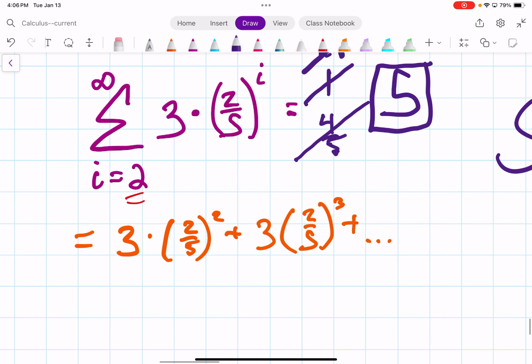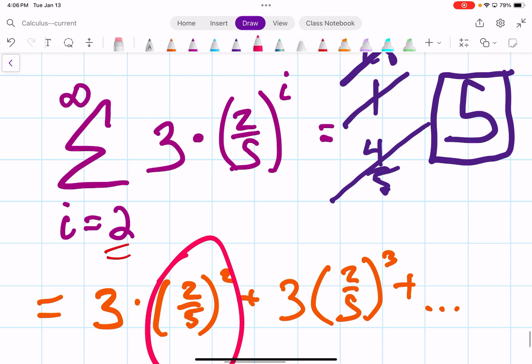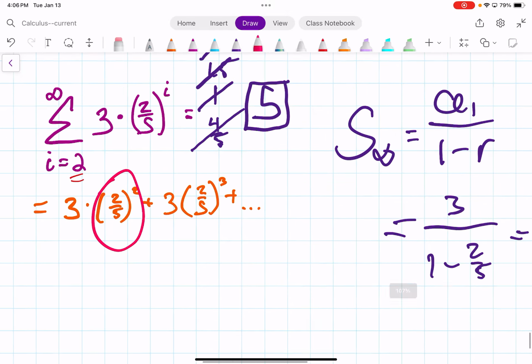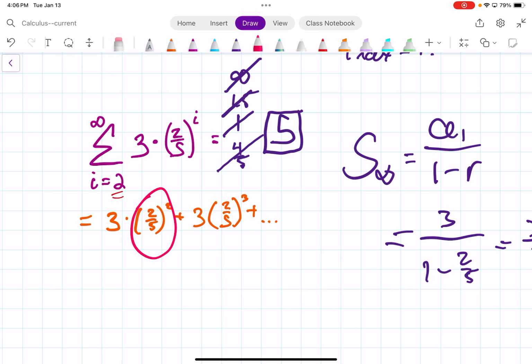Some of you were looking at this 2/5, and that's not a bad thing to look at, and the 2/5 itself does approach 0, right? It's pretty easy with geometric series to see that these values individually are getting closer and closer to 0.